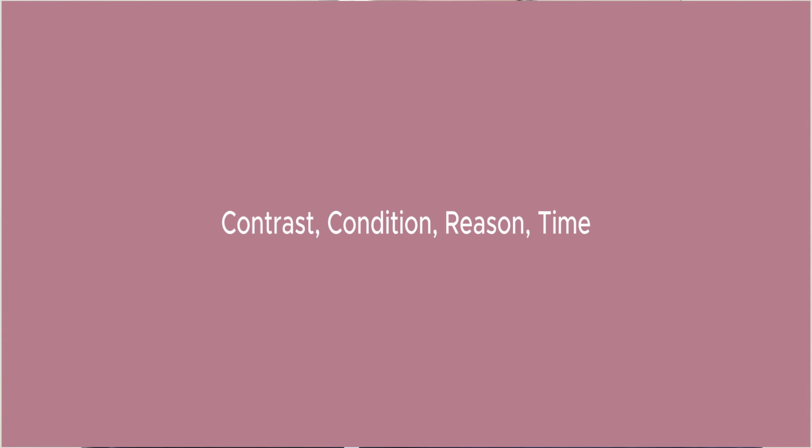What kind of relationship? Well, here are some examples. There's a contrast, there's condition, there's reason, there's time. There are others as well, but we're just going to look at a few just to get an example of the types of relationship you might have.